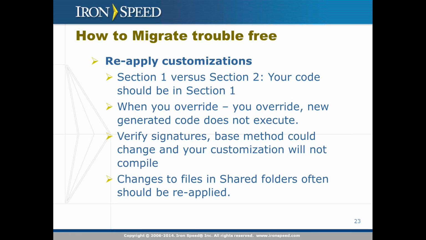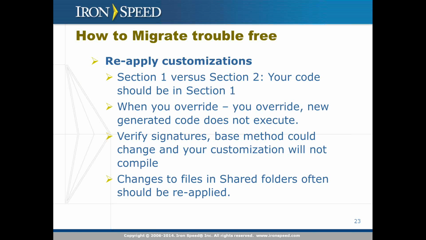And it could actually cause a compilation error because the control is not initialized, because you overrode the data bind method in section 1. So when you override methods, you need to make sure that you override the smallest granulation of the method. If you need to modify some label, override the set label method, not the data bind, and don't override, for example, the whole load method if it's not necessary.